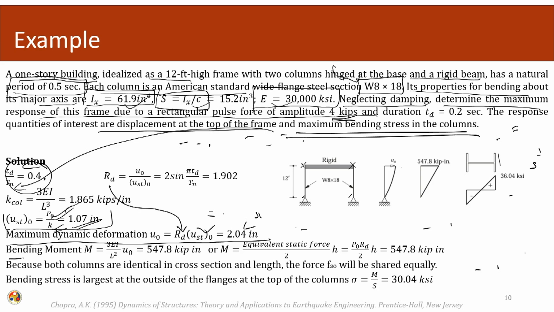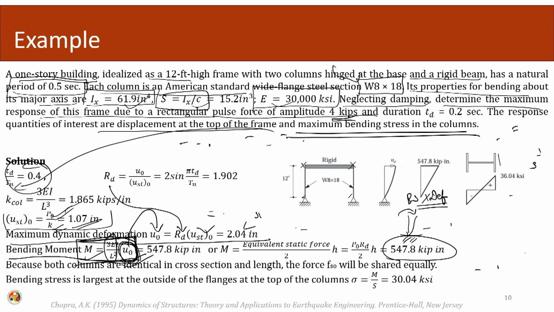The bending moment occurring in this column is given by this equation, where u naught becomes this value. Normally, we calculate the bending moment using the bending stiffness times the deflection, and here we are using the same equation.